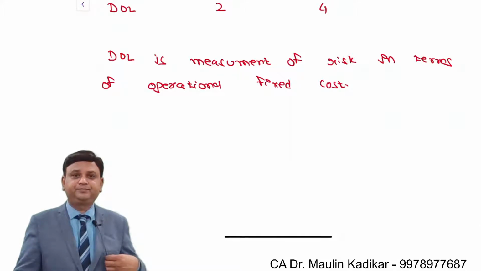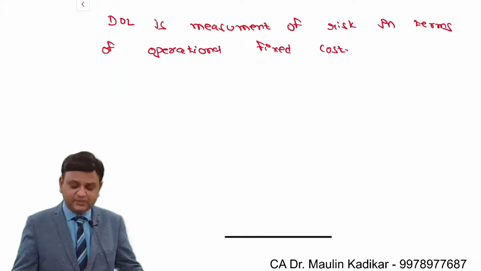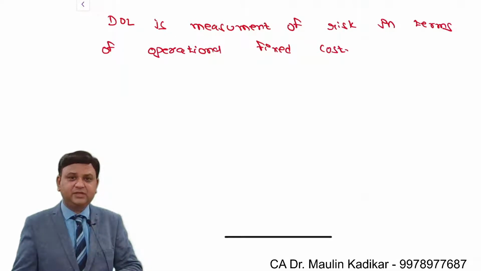Listen carefully to what I am going to say further. Degree of operating leverage is the measurement of the risk in terms of operational fixed cost.